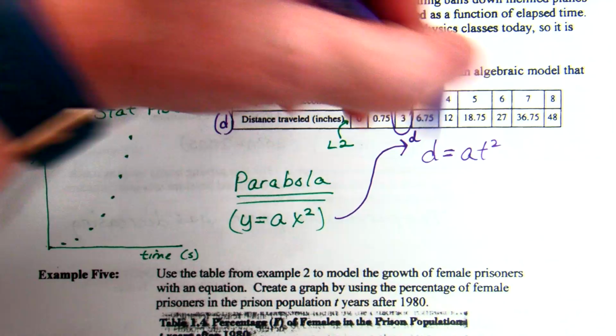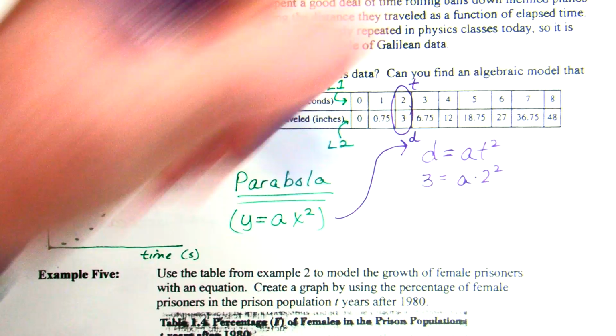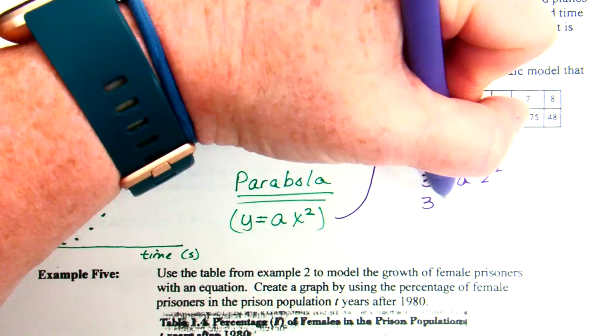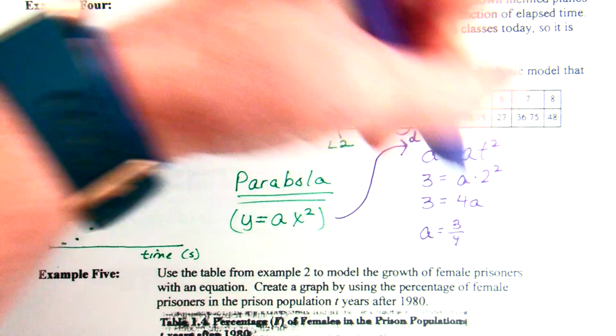Right. So that means 2 is going to go in place of t, and 3 is going to go in place of d. So 3 equals a times 2 squared. 3 equals 4a, because 2 squared is 4.